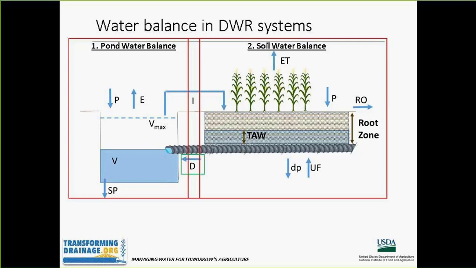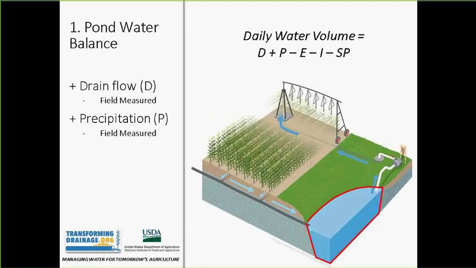Obviously some key terms here are that drainage, that D term, that links the field to the pond. This analysis is assuming only subsurface drainage, so I'm not necessarily thinking about the surface runoff. The other key term here is that irrigation term, the withdrawal from the pond back up onto the field, and that completes this continuous loop of the system. Let's walk through those really quickly, starting with the pond water balance.